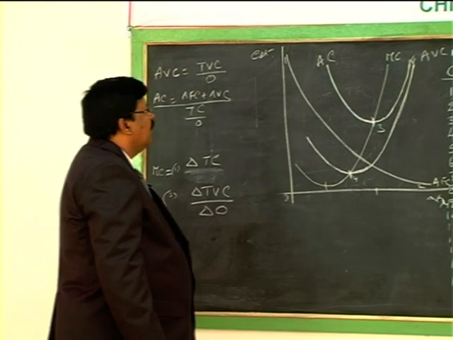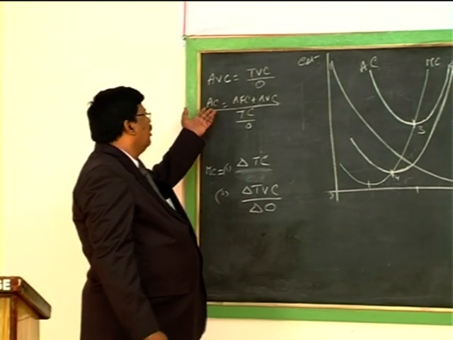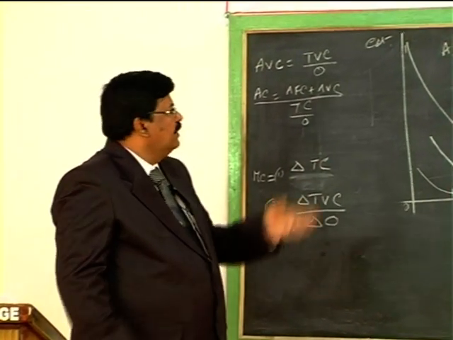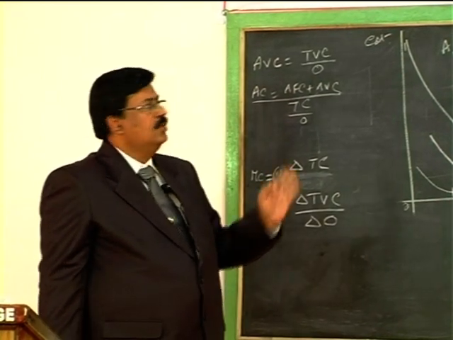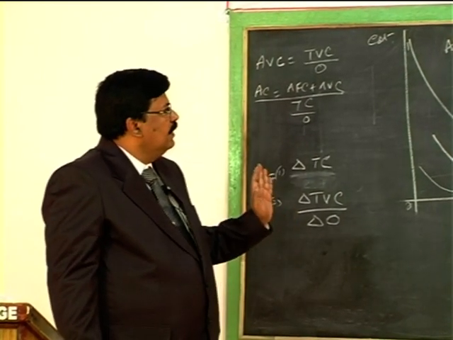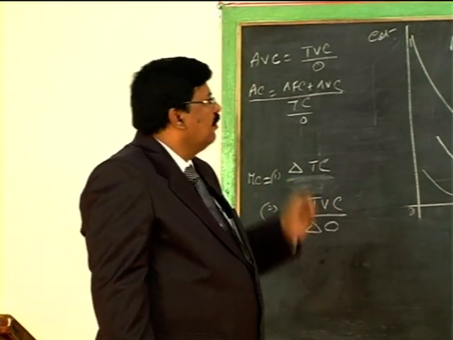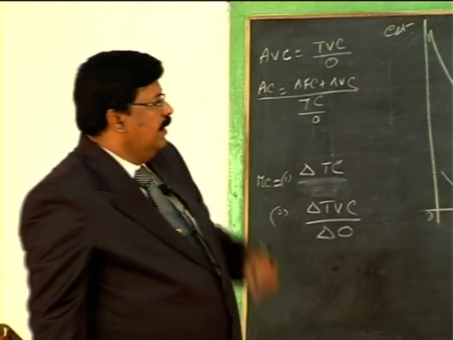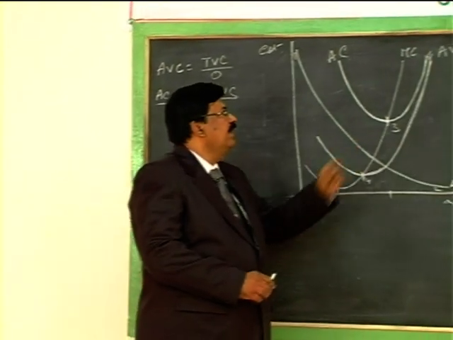And the reasons for the curvature can be explained with the help of the simple formula AC is equal to AFC plus AVC. We have seen that initially both AFC and AVC are declining, so AC declines. Later AC continues to decline because even though there is a small rise in AVC, the marked decline in AFC more than compensates the slight increase in AVC.